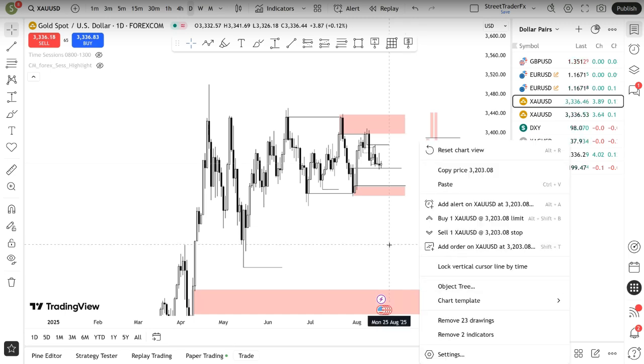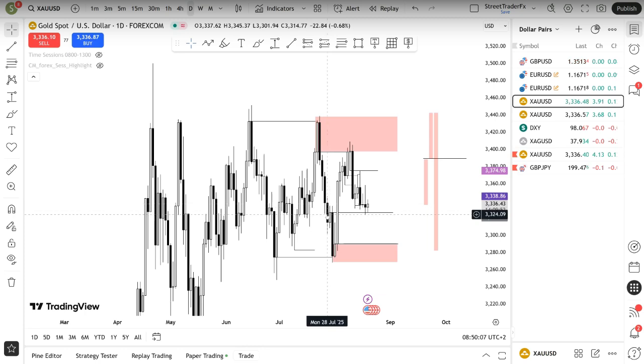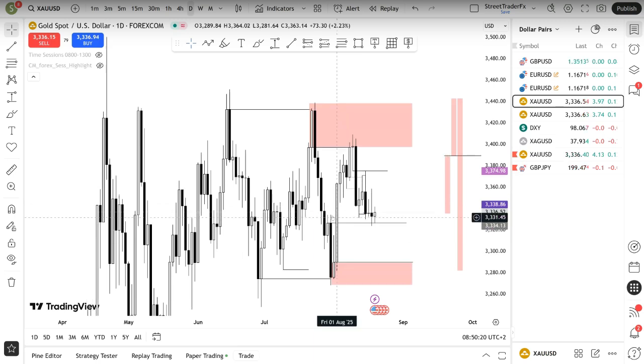Okay, so right now on gold, on the daily, we are at the support level, right? Initially, this was a resistance level, but what we did, we broke above. I made a video on YouTube where I explained this very well, with resistance which was broken and then became support.